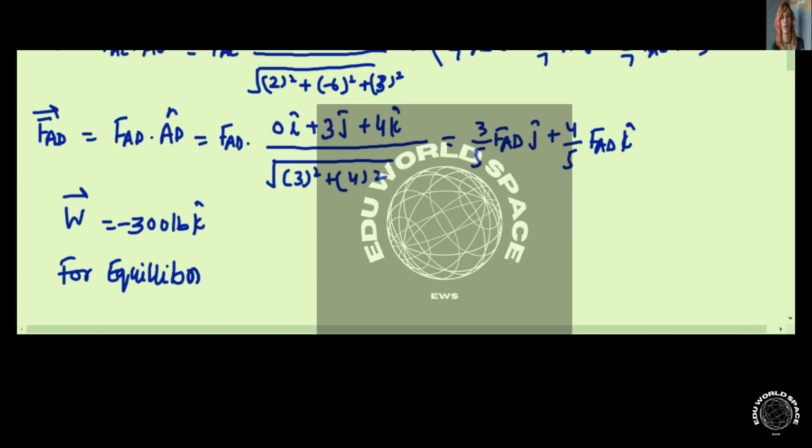So for equilibrium, resultant of all these forces, that is summation of F, must be 0, that is FAB plus FAC plus FAD plus weight must be 0.